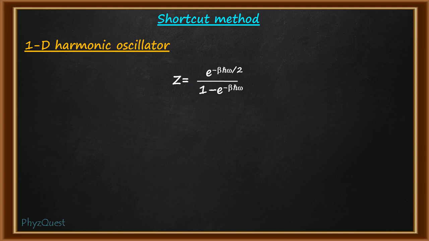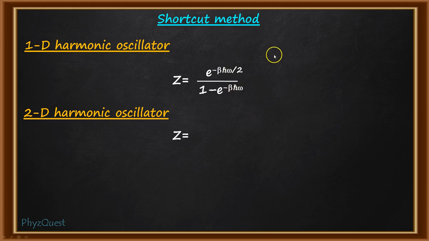So in order to calculate the partition function for the two-dimension harmonic oscillator, what we have to do is, the partition function Z will be equal to the square of this term. So the partition function for the two-dimension harmonic oscillator will be the square of this expression.